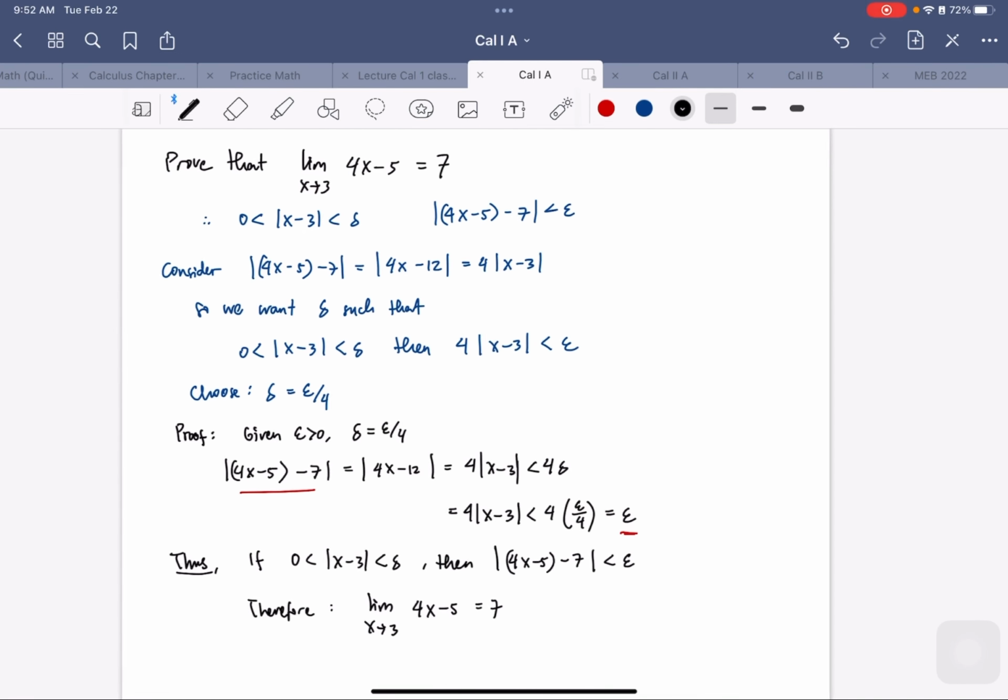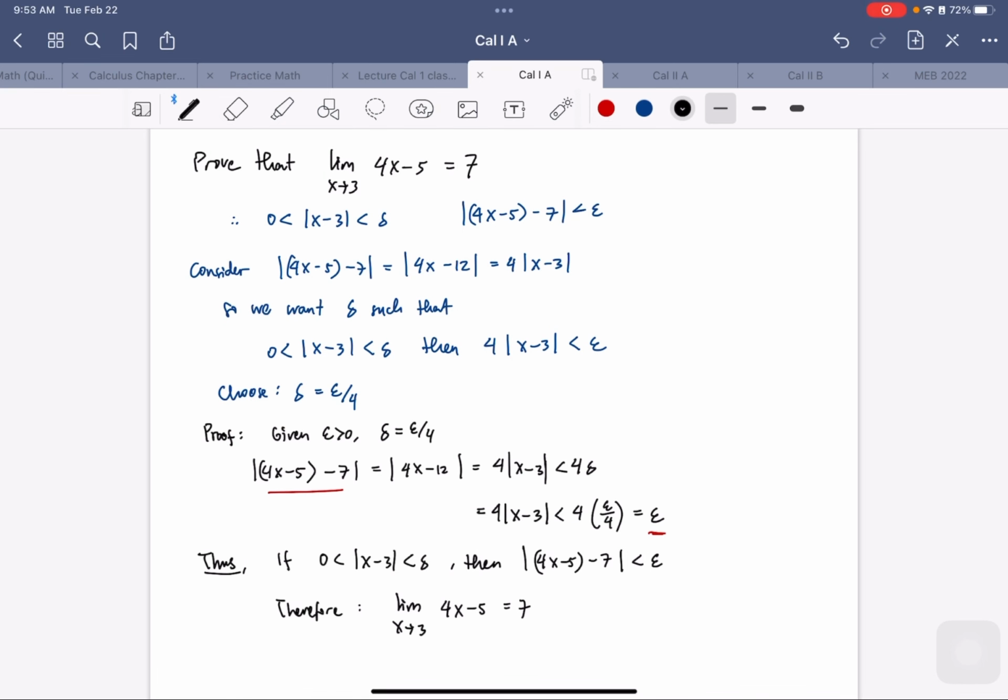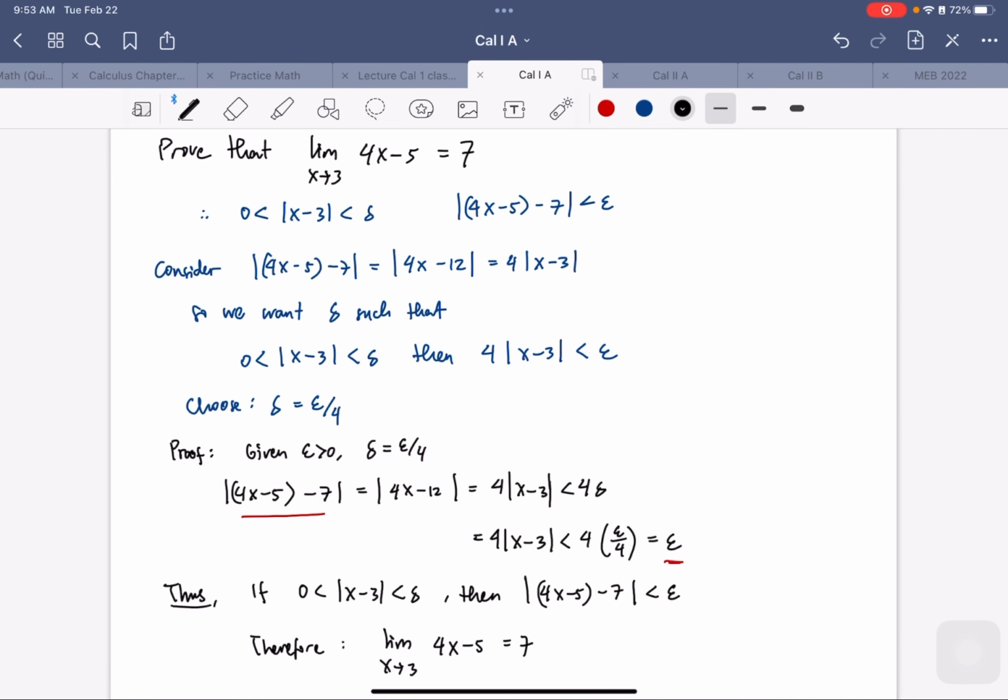Of course, the function is simple enough to see the correlation between the distance here and the difference in the function. Any questions so far? Any questions?